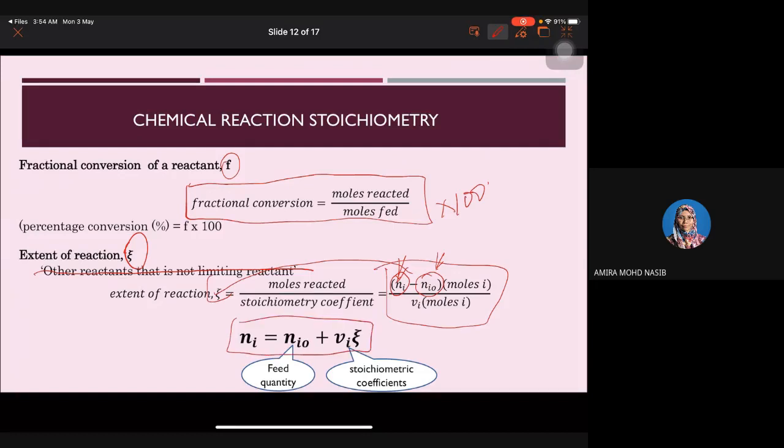So the amount of moles of any reactant equals the moles of that reactant at the beginning plus the stoichiometric coefficient based on your chemical equation times your extent of reaction. Okay.